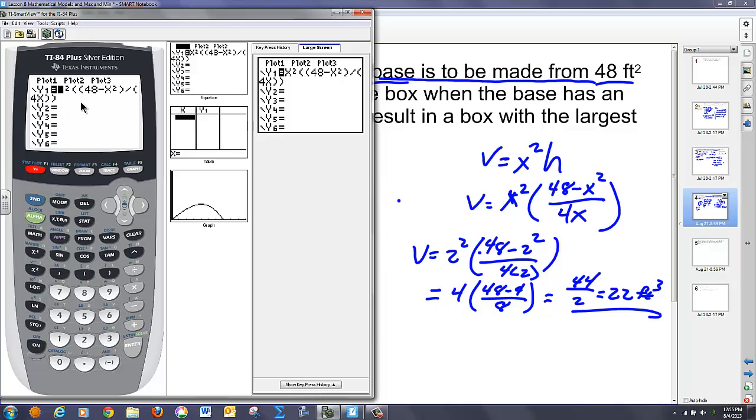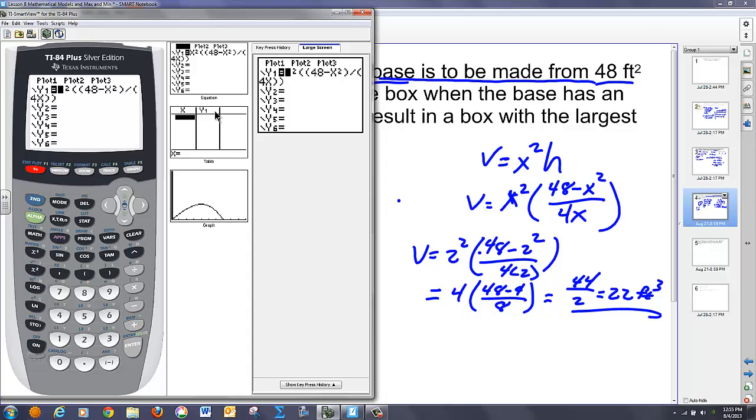Now I need to set up my window so I can see the graph. One of the things I pay careful attention to is the subtractions, because that's going to limit my domain. I don't want negative values for either the height or the width.